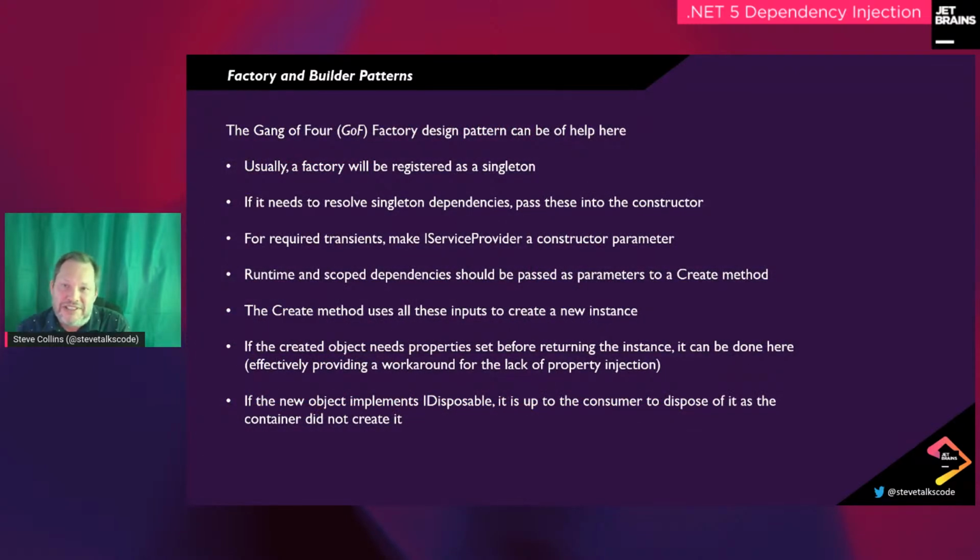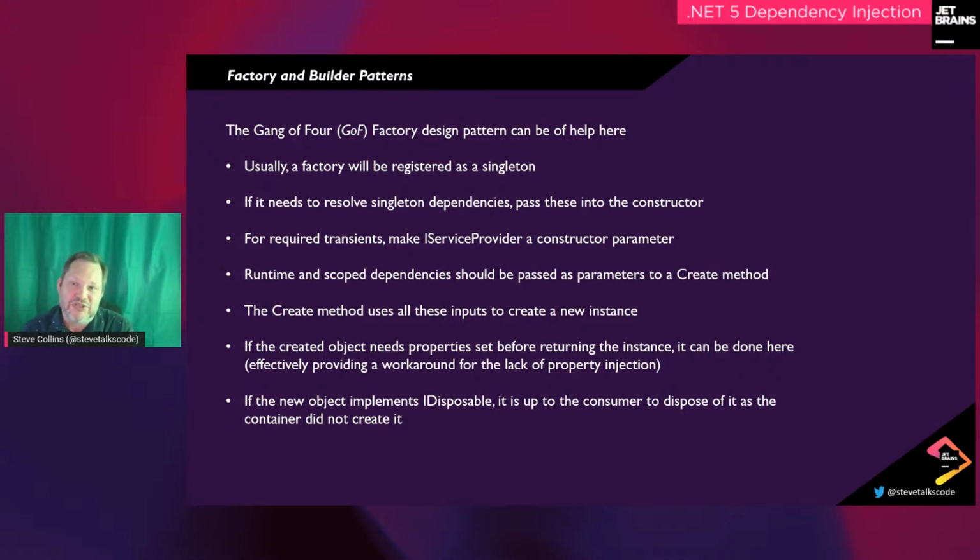So to summarize factories, usually you register the factory as a singleton, as most of the time it's stateless. The variations are the parameters in the create method. As it's a singleton, the only other dependencies that should be injected into it are other singletons. If you need transients or scoped dependencies, you can take the IServiceProvider itself as a constructor parameter, but proceed with caution.